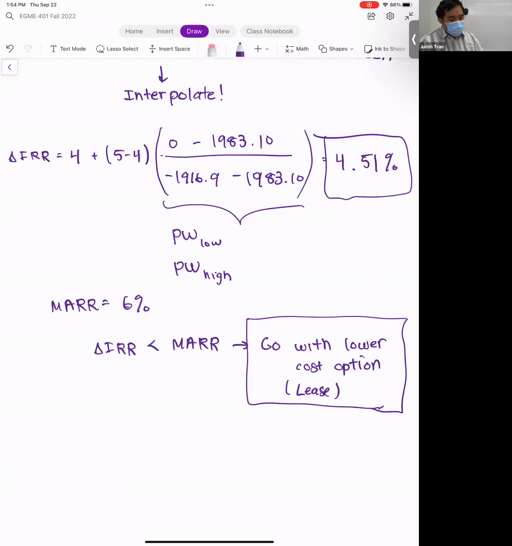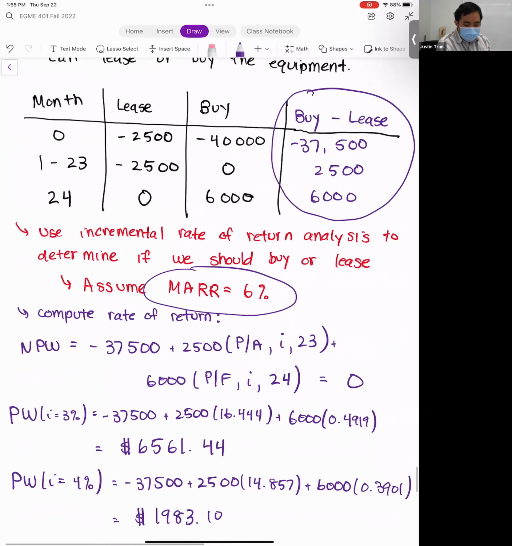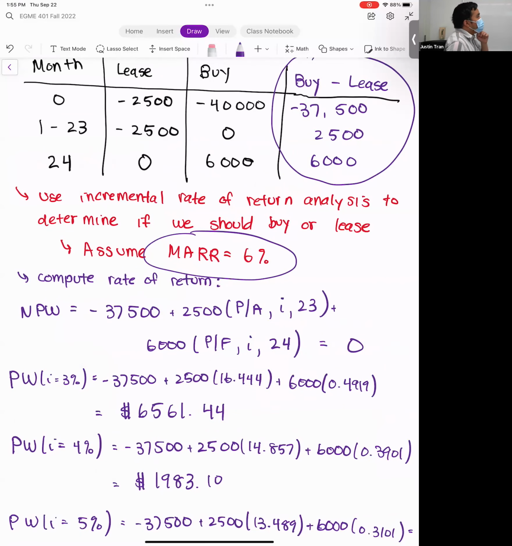One other small point of nuance here. We computed this delta IRR, but with this example we can get a more concrete understanding of what it represents. I bring up this example of buying and leasing for multiple reasons too. Generally speaking, even though buying equipment always has a higher initial cost, the reason people consider buying is that over time it's going to be less costly.